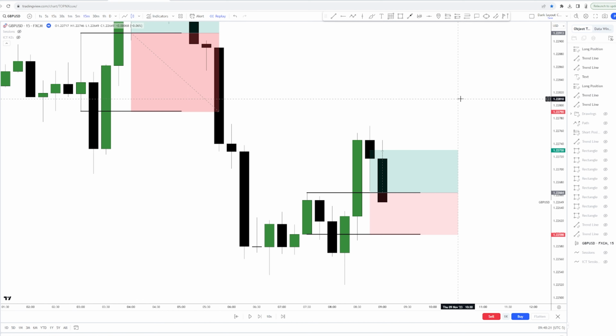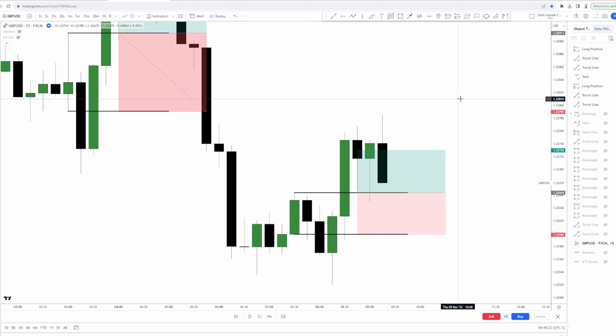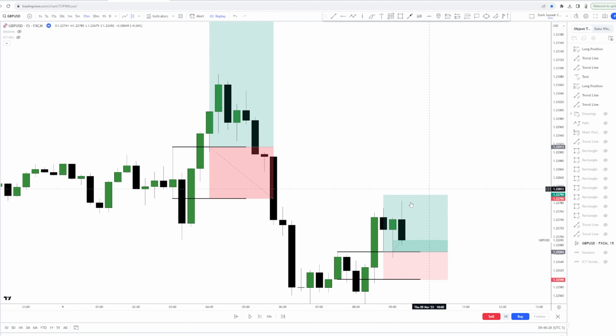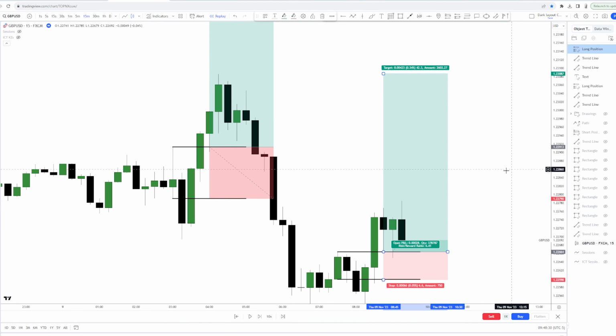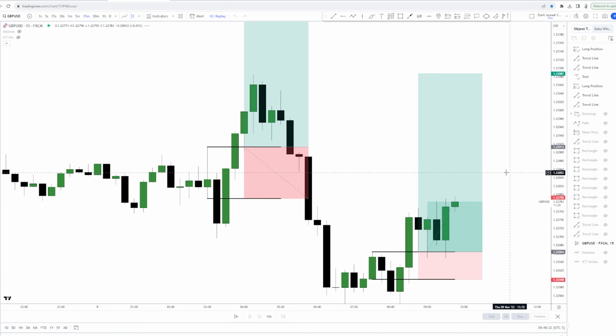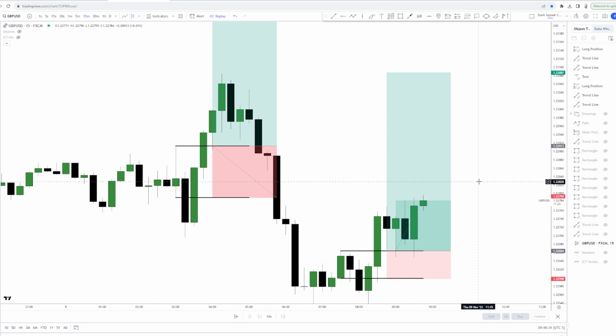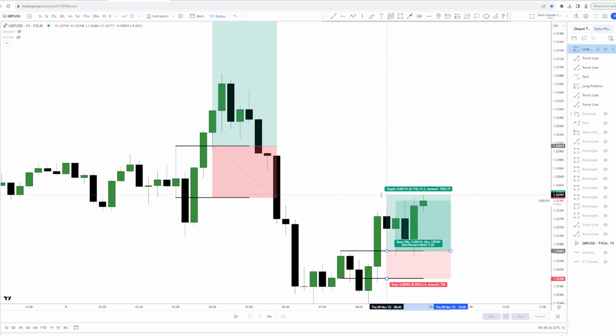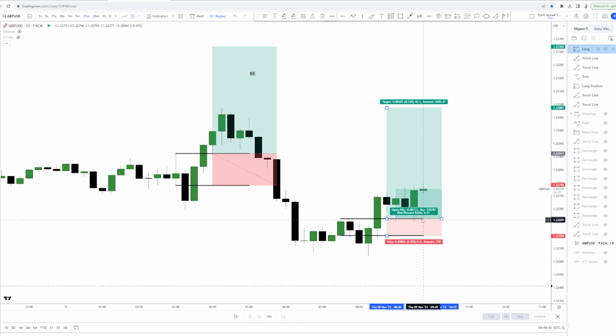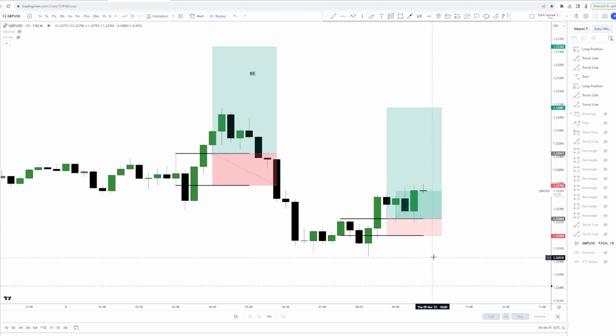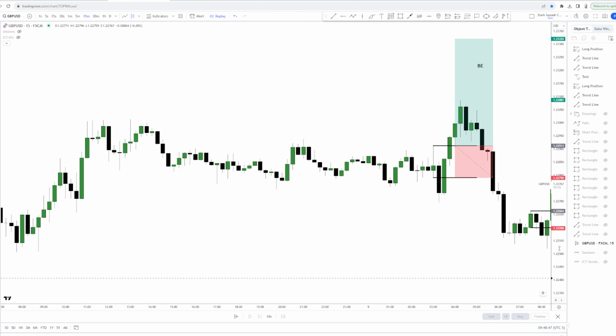You got activated here. Okay, and you hit your 1-to-1 instantly. Now, next targets. Since this is the last move, you can go all the way up here for a 6-to-1 reward to risk. Now, we are standing exactly at 1.8-to-1. So you have closed half right here. We don't know what the rest is gonna do. If it comes all the way back, it is a break even.